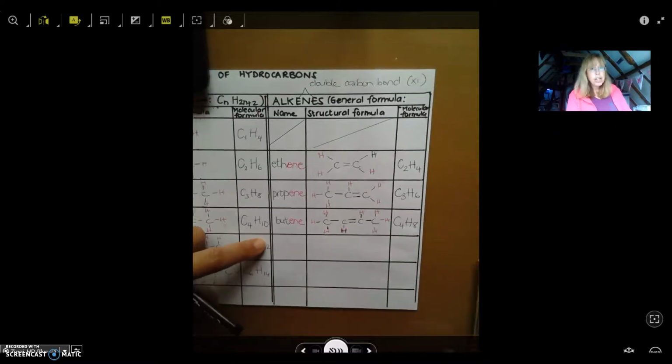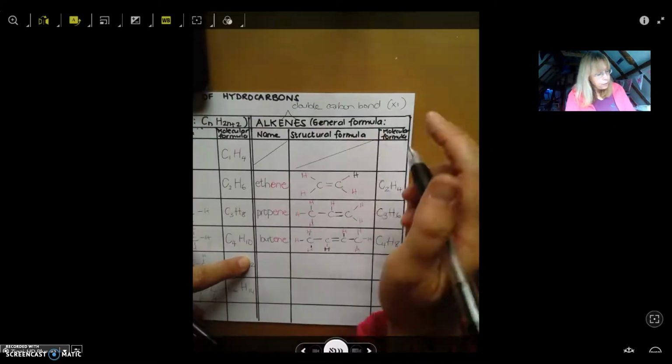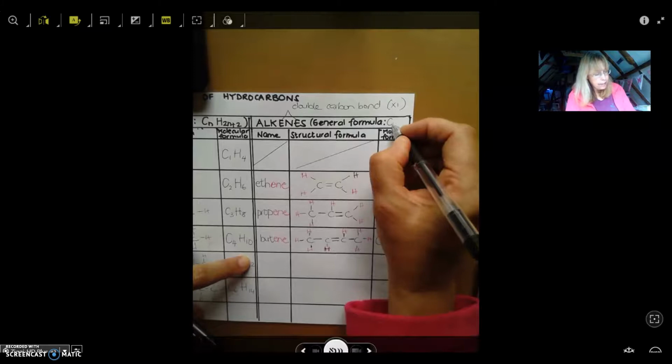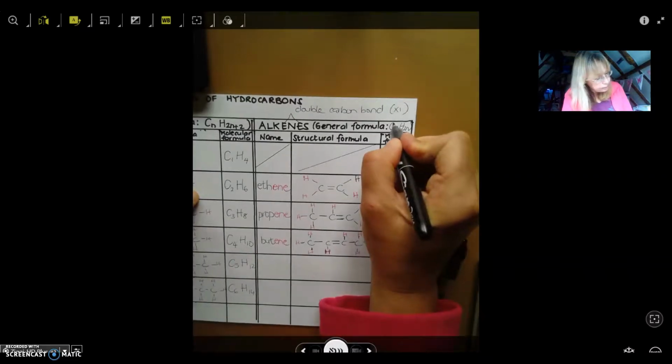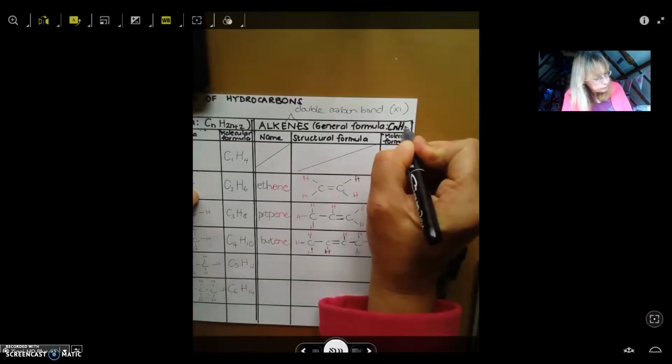So the general formula for every carbon I have, however many I have, I take the number of hydrogens and I double it, 2n. CnH2n.